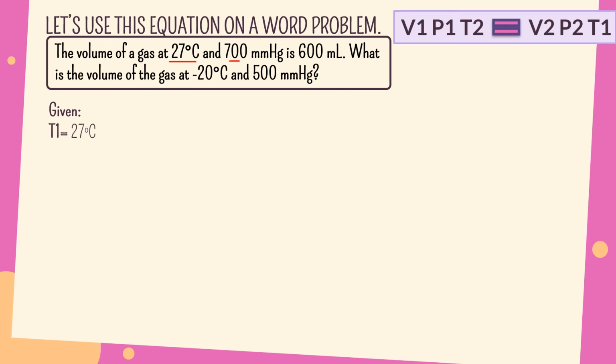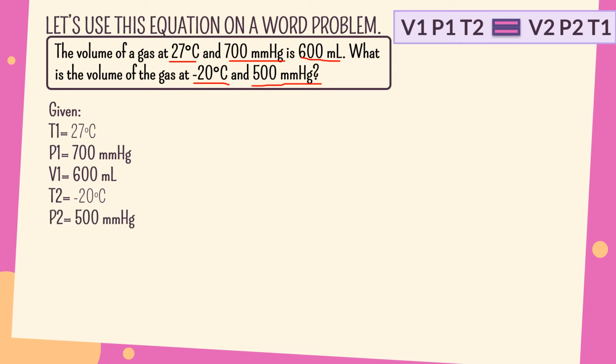We also have the 700 millimeter of mercury, which is our initial pressure. We also have the 600 ml, which is our initial volume, and negative 20 degrees Celsius, which is our final temperature. And last, the 500 millimeter of mercury, which is our final pressure.